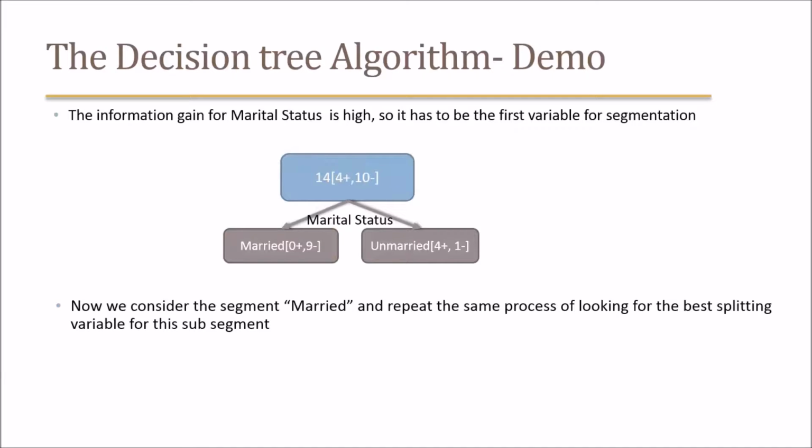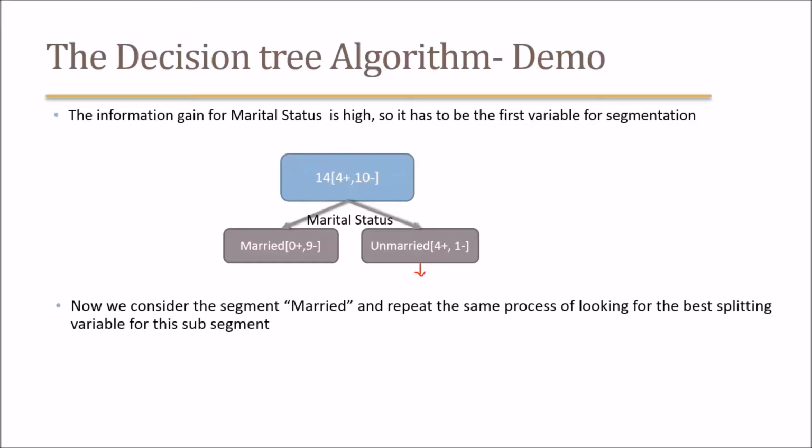Similarly, we consider the whole population, then we start splitting it based on marital status, married and unmarried. Because marital status has higher information gain, if required we will further drill down into each of these child nodes.